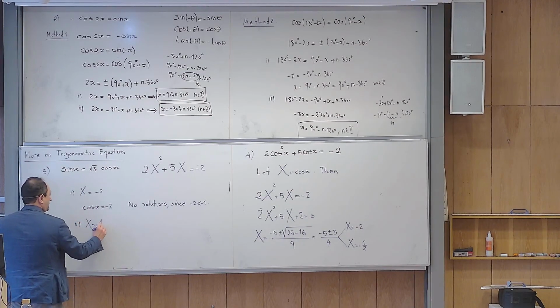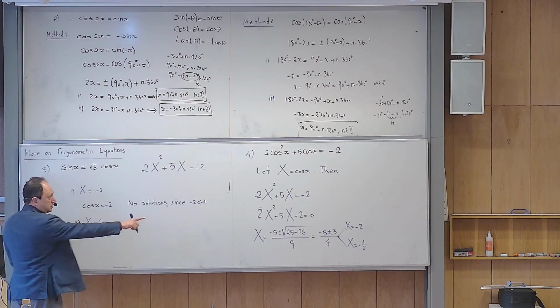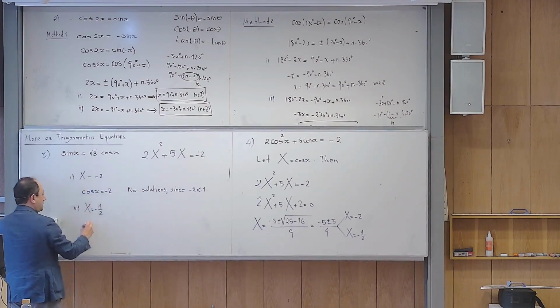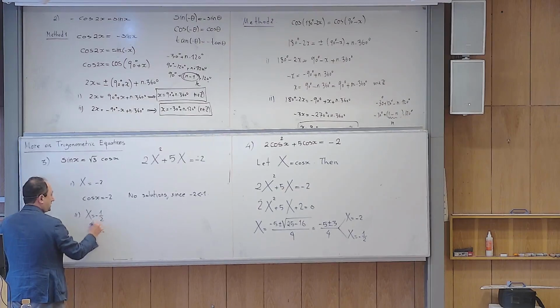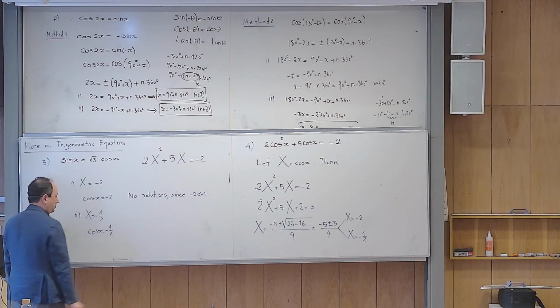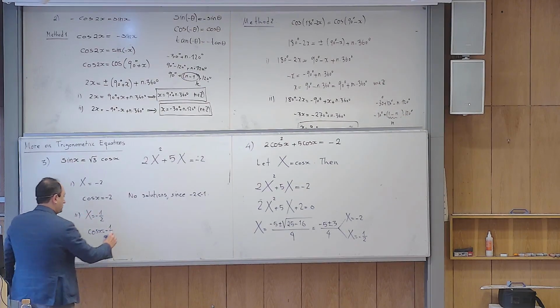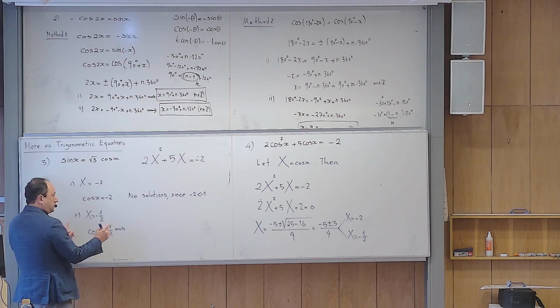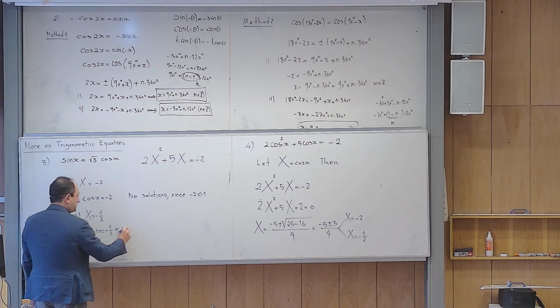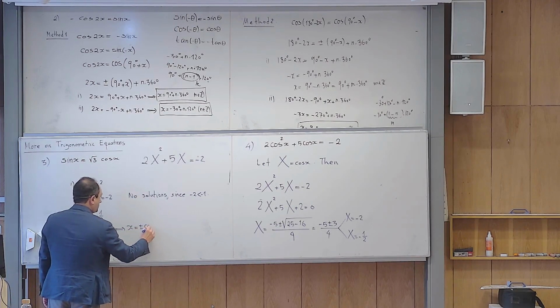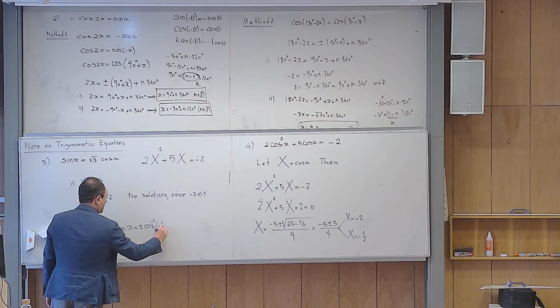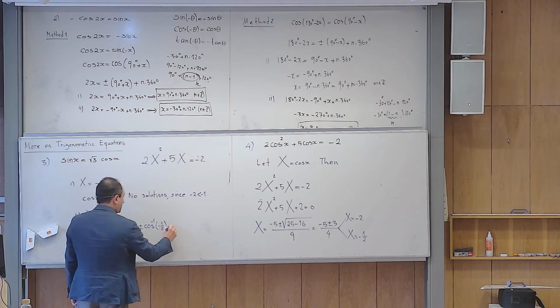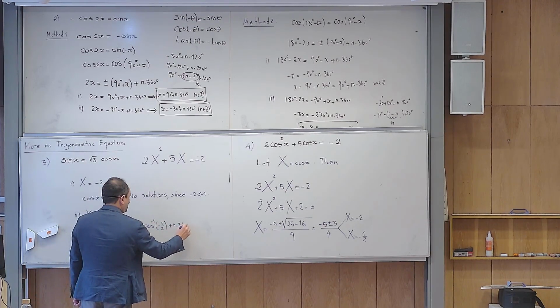X can be minus a half. Yes? And then I have to solve the same equation, cosine x equals capital X, but capital X is minus a half here. And now I know what to do here. So this is acceptable because minus a half is really between minus 1 and 1. x becomes plus or minus cosine inverse of minus a half, and then plus n times 360 degrees.